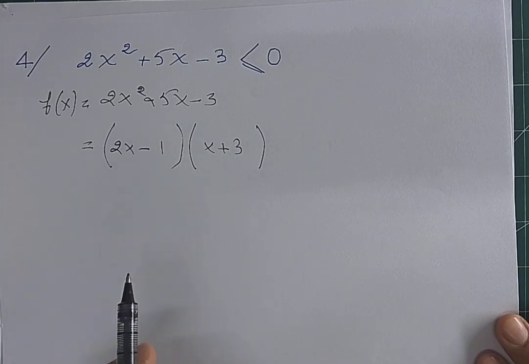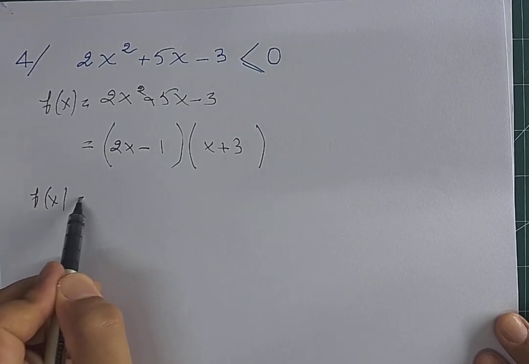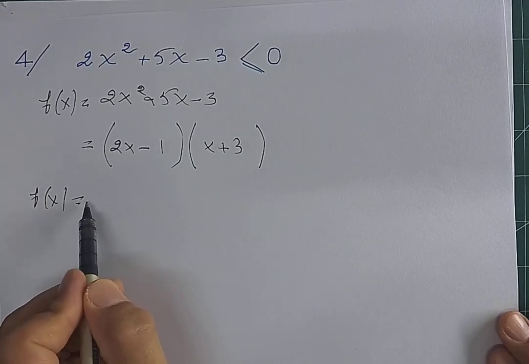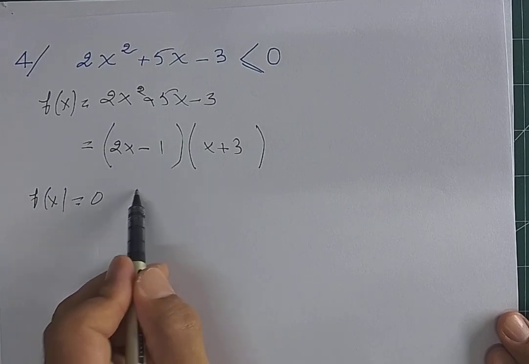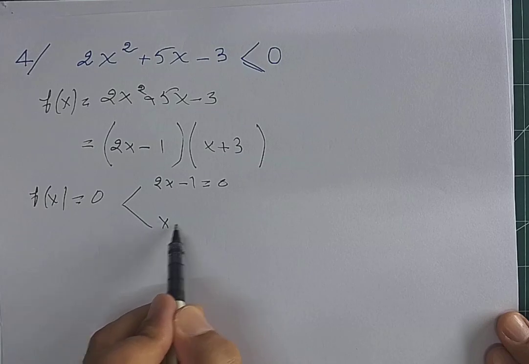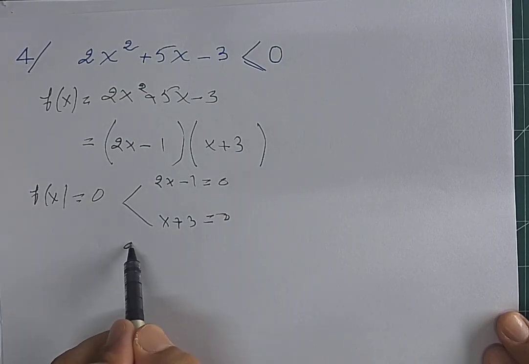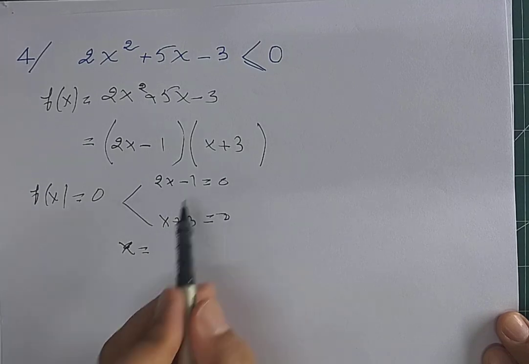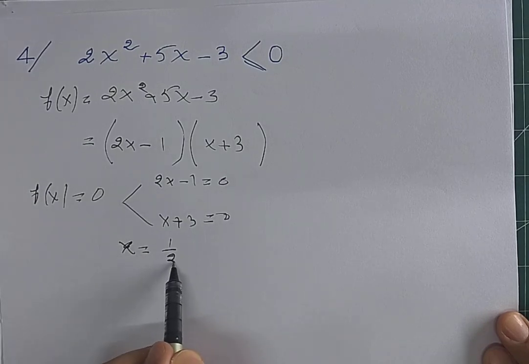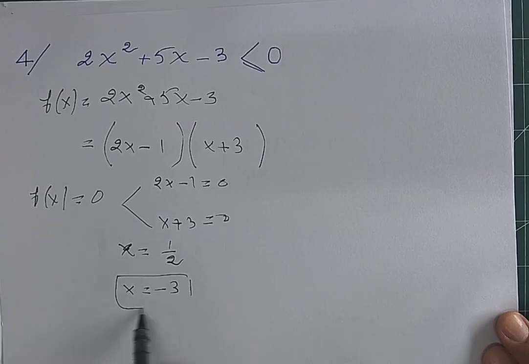Here we have the x-intercepts where f(x) equals 0. That means 2x minus 1 equals 0 or x plus 3 equals 0. So the two solutions are x equals 1 over 2 and x equals minus 3.